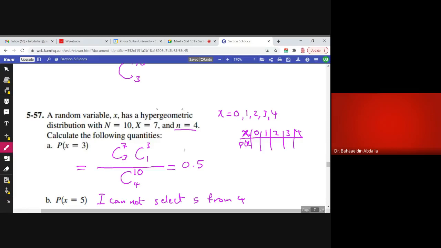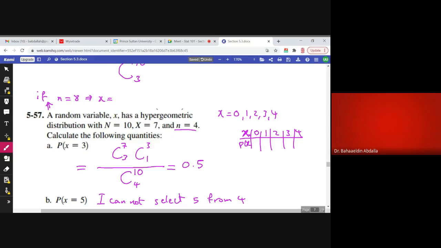One other point I needed to say: assume, for example, in this question, that small n is 8. That I'm going to select 8 from the 10. All right. Now, what are the possible values of x? If n is 8 in this question, what are the possible values of x?